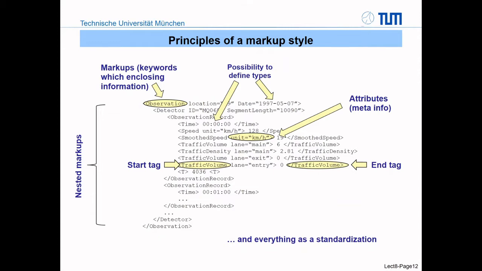So this is the general principle, and this is also a context-free language. This context-free style is again very essential here, and it's standardized. So the essential part is that you have to do a standardization.